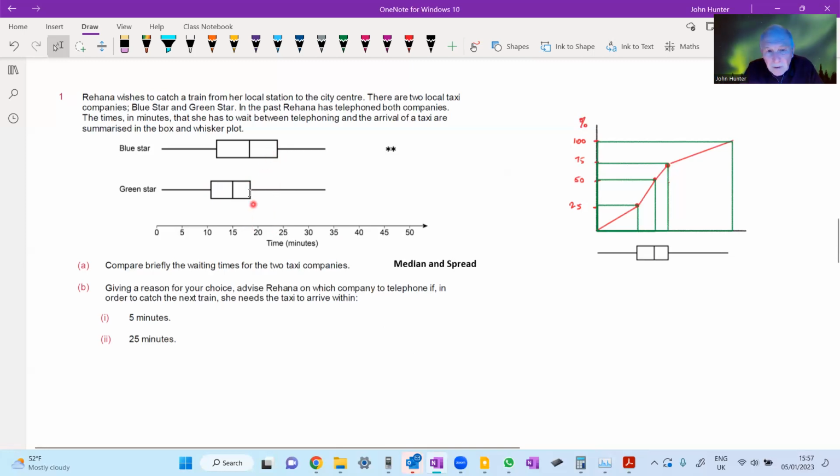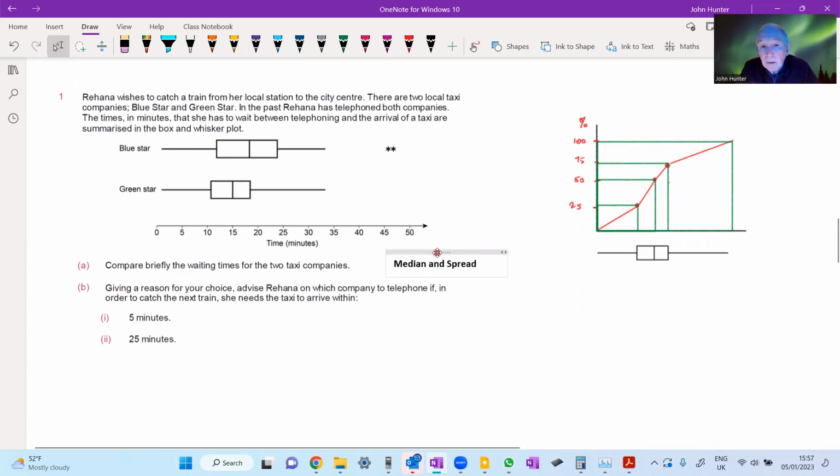But what we don't necessarily know is how these whiskers here are spread. But I think on the evidence of just the box plots, we'd have to go for Green Star. But it could be that if we saw this full thing here, and it was broken down differently, maybe we could see it in terms of 10 percentiles. So instead of four strands to our data here, we might have 10.